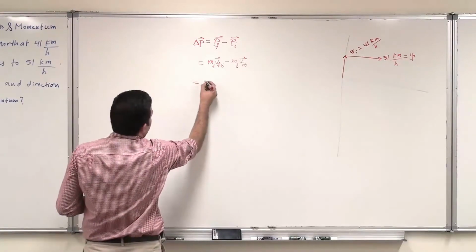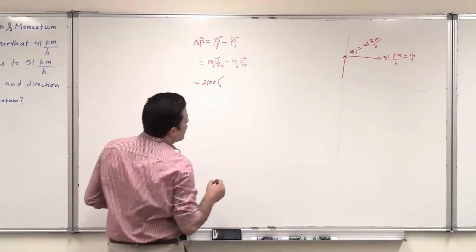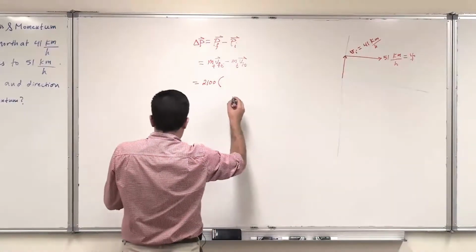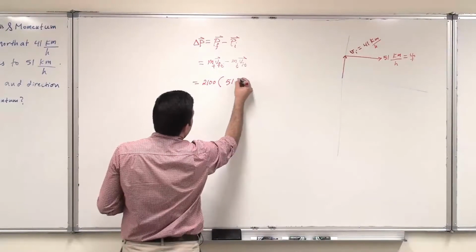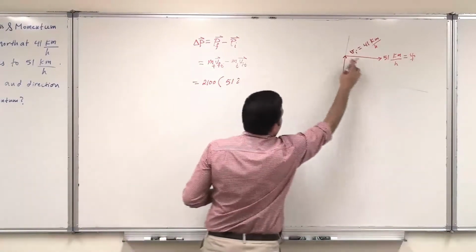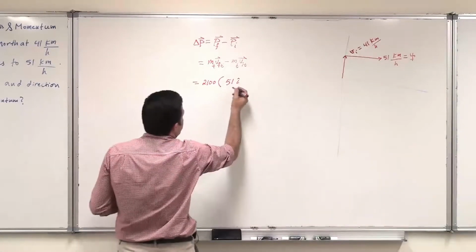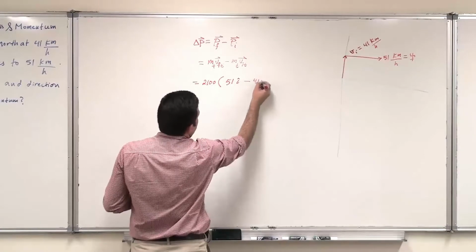So the mass of the truck is 2,100 and V final is 51 i hat, because it's along the positive x-axis, minus 41 j hat.